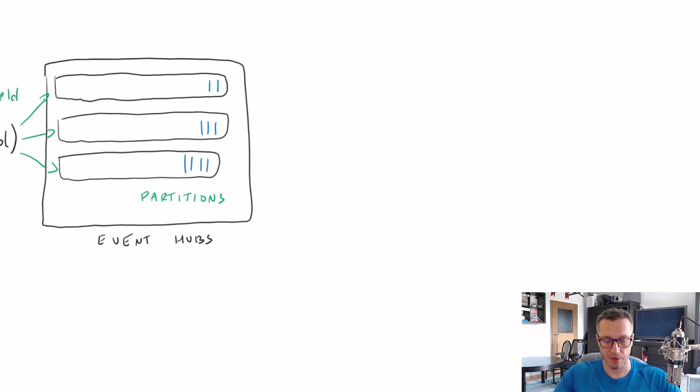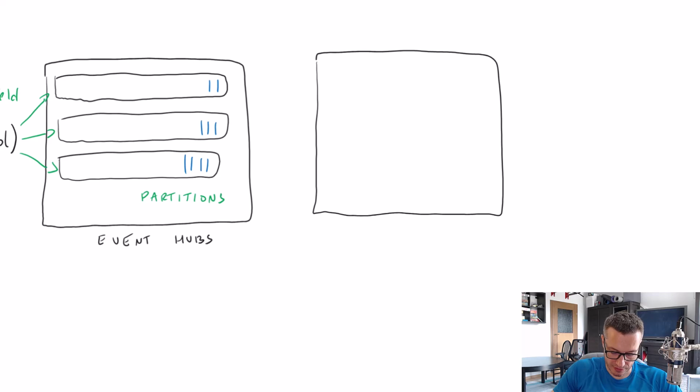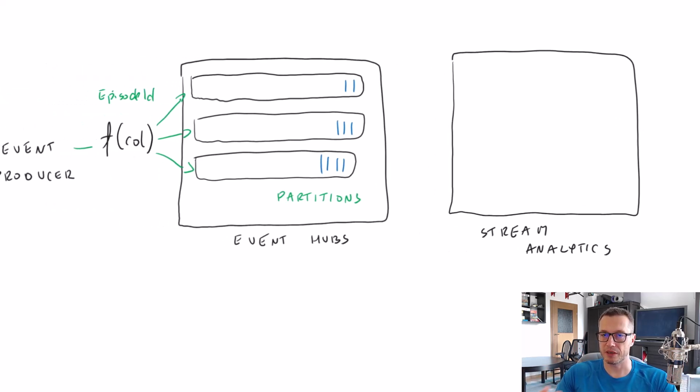So later on, after Event Hubs, what we have is Stream Analytics. And here, if we know that our source, our event hub, is partitioned by a specific column, then let's tell this to Stream Analytics. And depending on the compatibility level of the Stream Analytics, it is done in a bit different way.